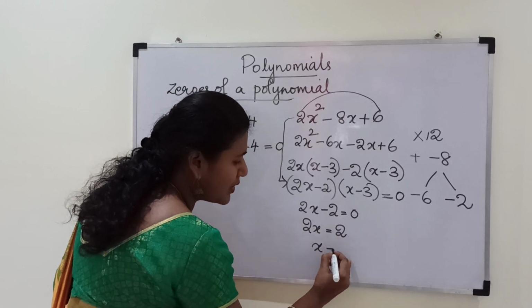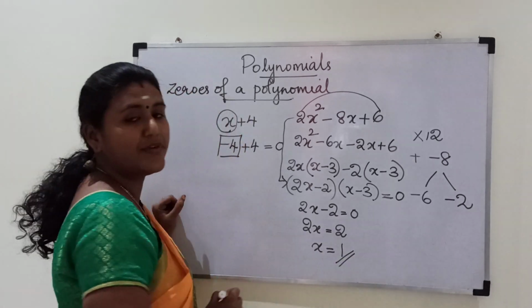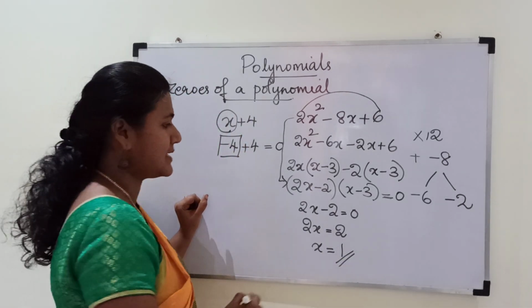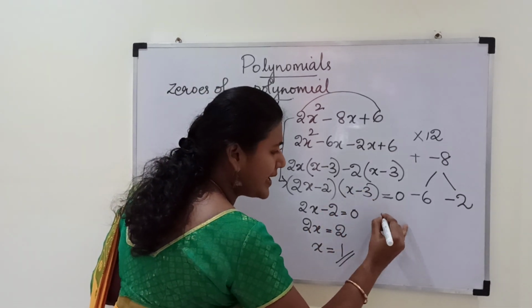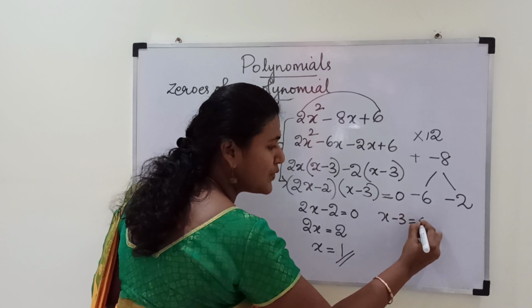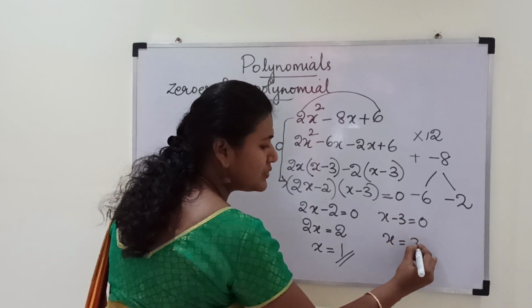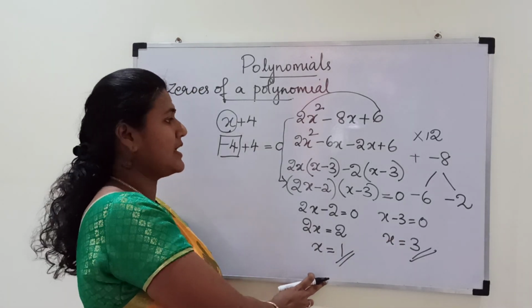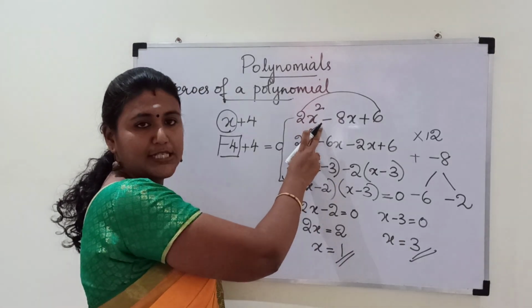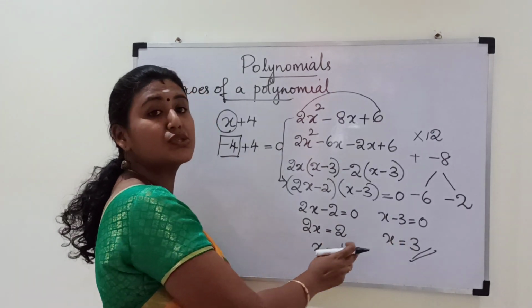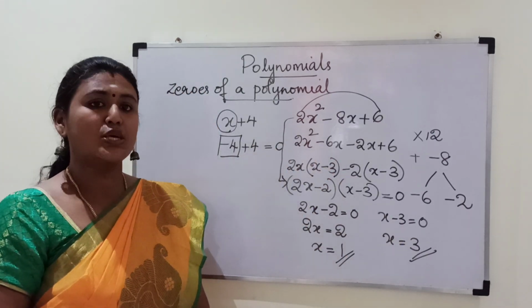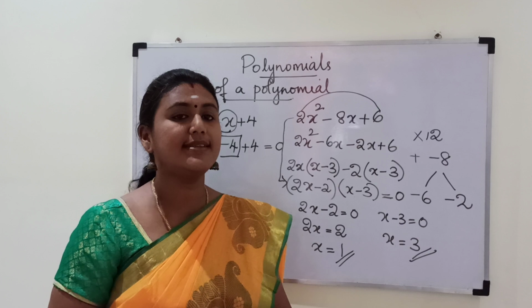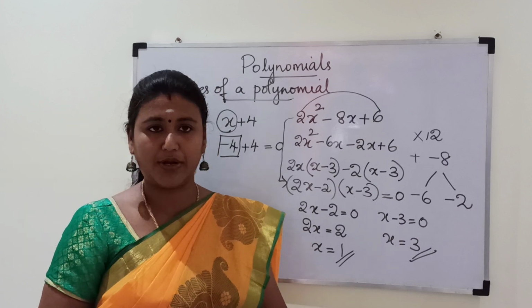So x is equal to 2 by 2. So we got one value of x. Then the same way we will equate the second factor to 0. So x is equal to 3. So these two values of x which make this polynomial 0 are the zeros of this polynomial. So this is how you have to find the zeros of a quadratic polynomial.